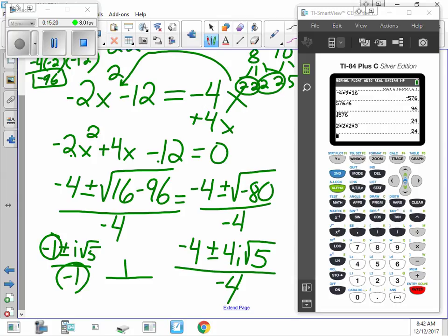And do I need to divide by 1? Nope. So we won't do that. What happens when you take a negative out of that? Instead of plus or minus, it changes to minus and plus. Is that any different? No. So plus or minus i root 5. Does that make sense? Do you guys need to see another one?